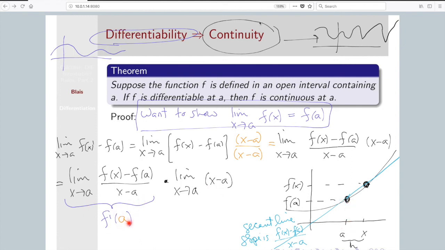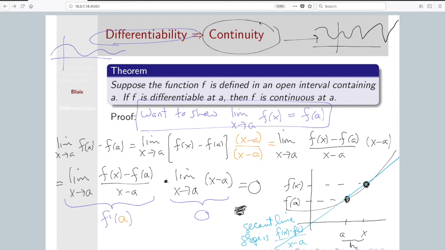So that exists because f is differentiable at a. That's some finite number. But this, by direct evaluation, is 0. Which means this whole expression is 0. Which is what we wanted to show. With this expression being 0, that means we got what we wanted. So that concludes the proof.